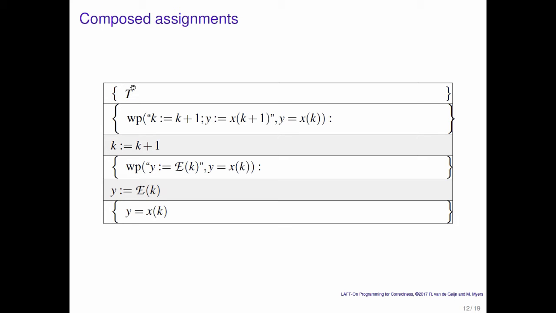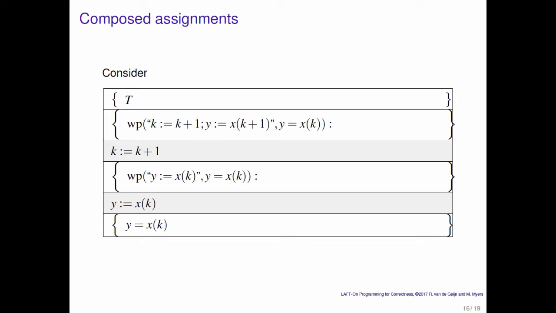So if we then look at what the weakest precondition is, we get that the expression, which is a function of k, is equal to x of k, the array element x of k. And then if you substitute in k plus 1, you notice that E of k plus 1 is equal to x of k. And from that you conclude that E of k is actually equal to x of k.